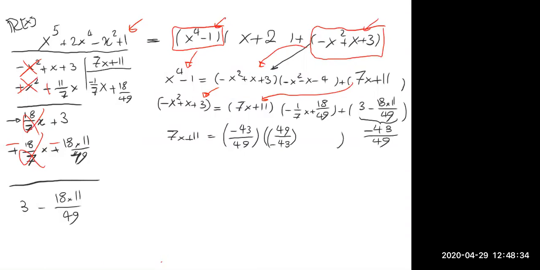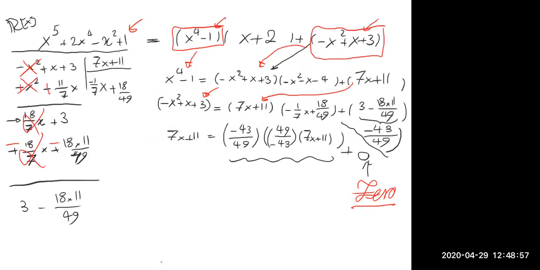And this multiplication would be 1. Then I can multiply it by 7x plus 11 plus 0. Now, if you look, this multiplication would give me 7x plus 11, and the remainder would be 0. So we should stop. And the greatest common divisor would be this number. I think that's the number.